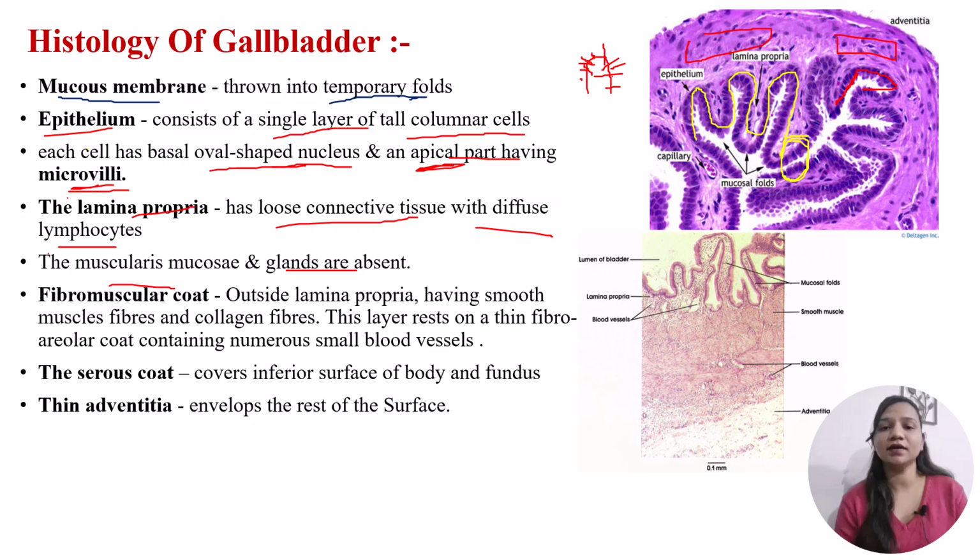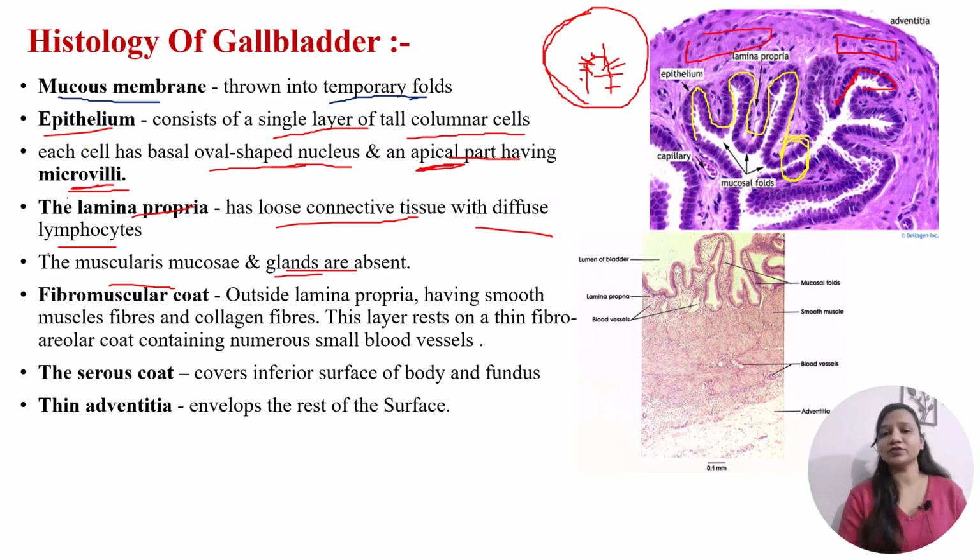It is the thin layer of smooth muscle at the base of the mucosa, and these smooth muscles are absent in the gallbladder. Why? Because there is no mucosal movement.